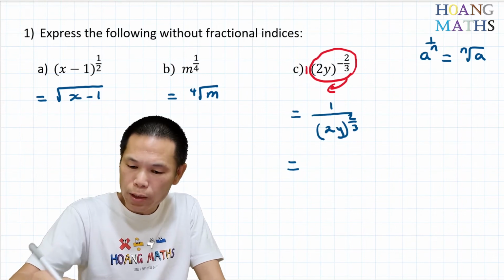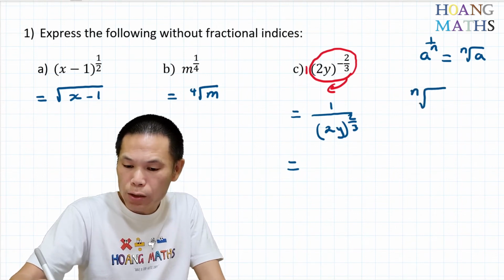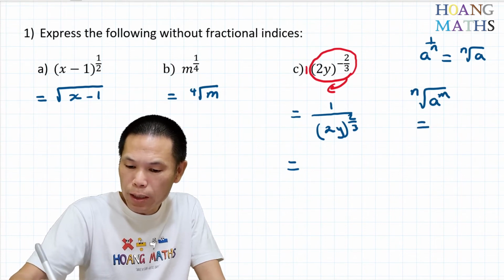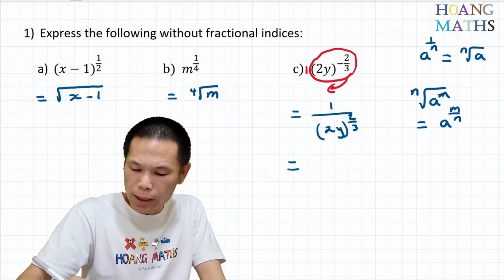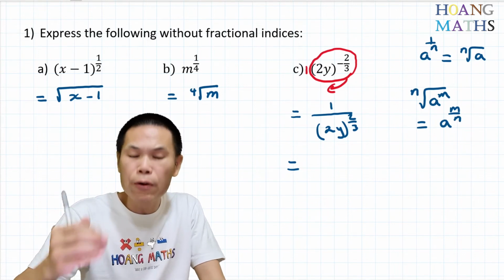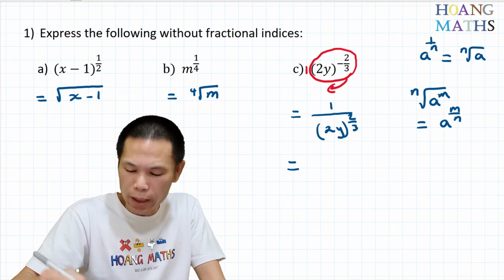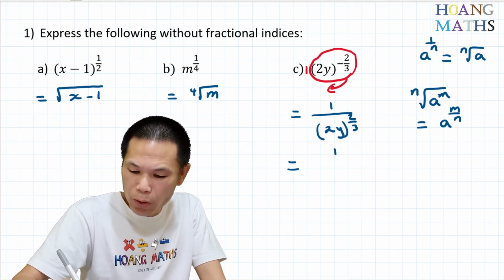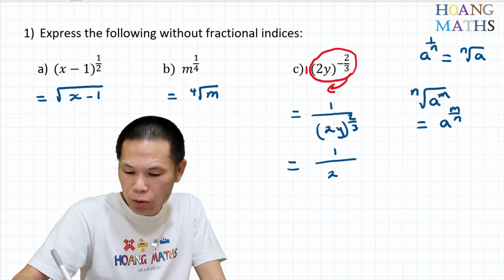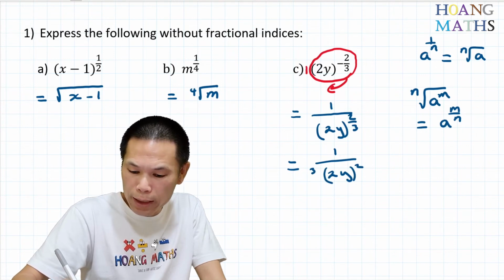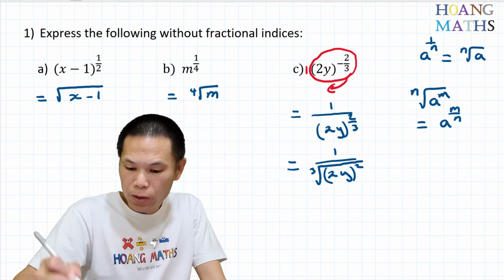Don't forget, we have n root of i power of m, which gives me i to the m over n. So this is exactly the same as 1 over the cube root of (2y) all squared. So there you go.